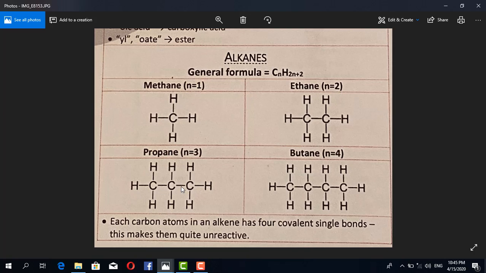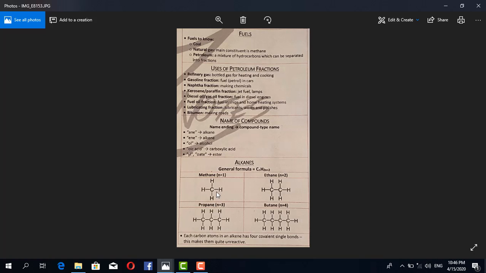Propane, C3H, 1, 2, 3, 4, 5, 6, 7, 8. So the final formula for propane is C3H8. Each carbon atom in an alkane has 4 covalent single bonds. This makes them quite unreactive.